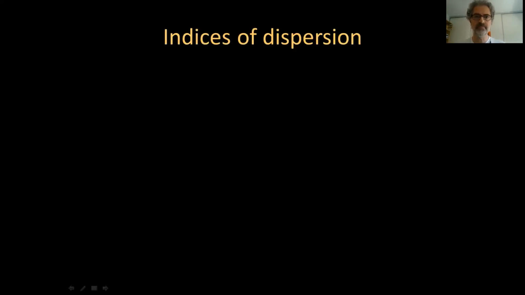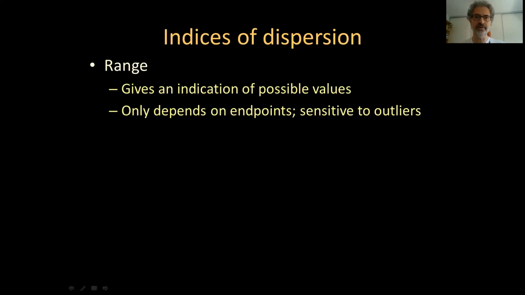So to sum up our indices of dispersion, the first and simplest one was the range, which only gives us an indication of possible values we can expect. Because it only depends on 2 observations, the smallest and the largest, and because the smallest and the largest are those that will be most likely to be the result of something problematic, the range is actually sensitive to outliers, which means sensitive to any kinds of problems with our measurement.